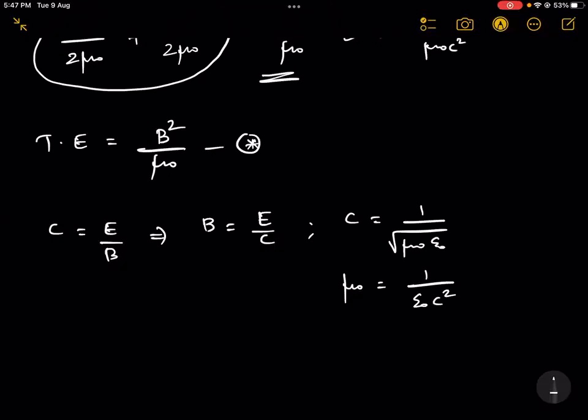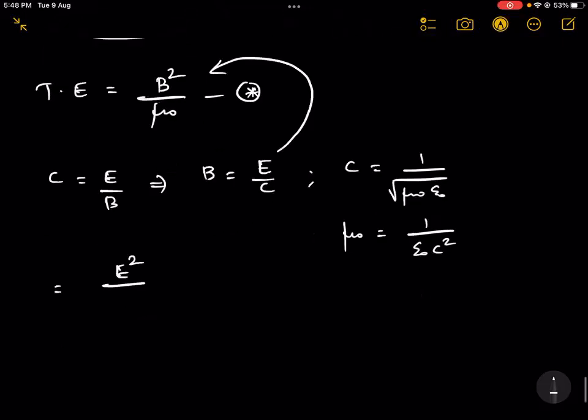Is it right? So what should I do to this B? Substitute it here. So this will be E square divided by C square, the whole divided by mu naught.